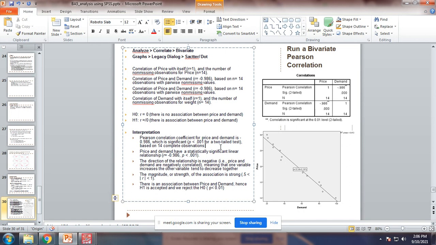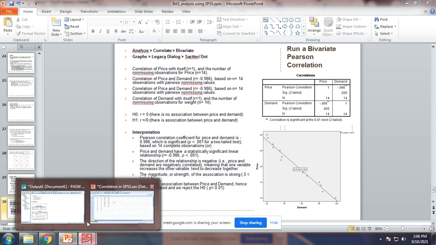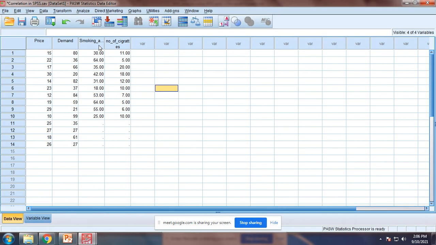Is it okay? So if you're clear with how to run correlation for price and demand, in the same sheet you have smoking age and number of cigarettes.